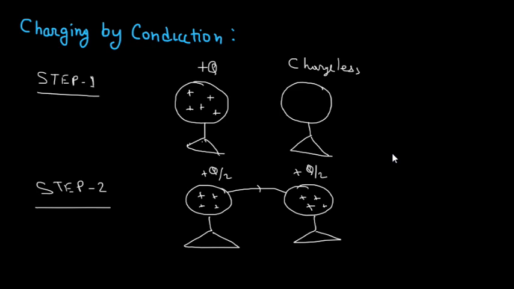After some time, the chargeless sphere is positively charged. The initial charge was plus q, now the charged sphere's charge is reduced to plus q by 2, and the chargeless sphere gained plus q by 2 amount of charge. This explains the phenomenon of charging by conduction.